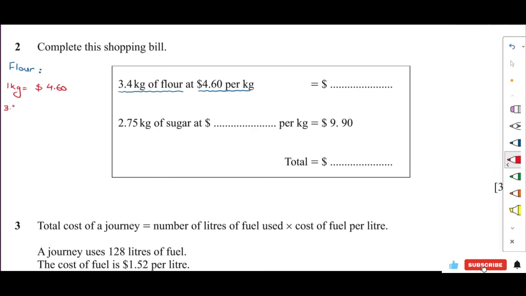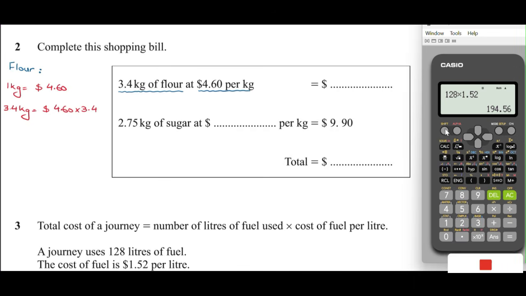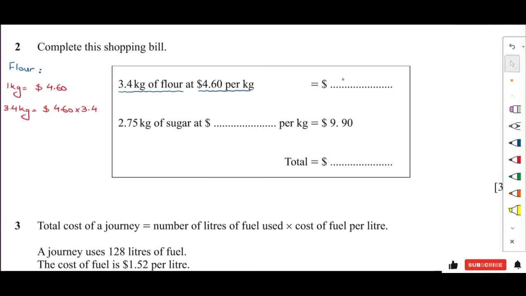And what about 3.4 kilograms? For 3.4 kilograms, the cost would be 4.60 multiplied by 3.4. Let me use a calculator and simplify. So 3.4 multiplied by 4.60, the answer in terms of decimal is 15.64.